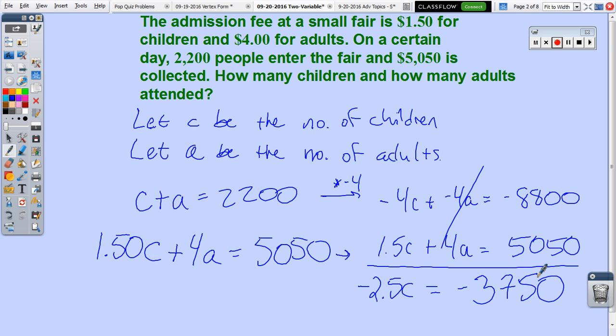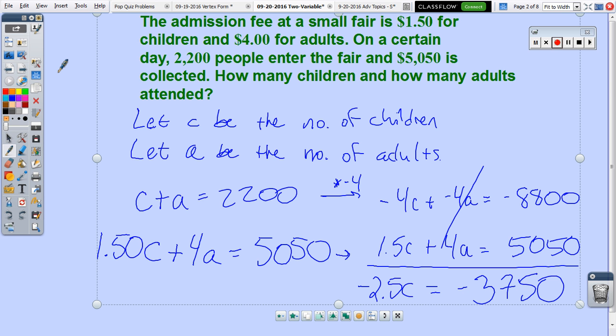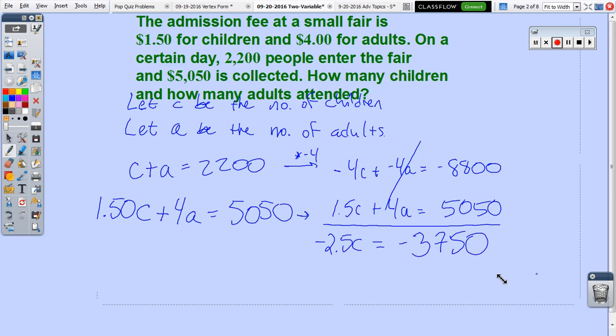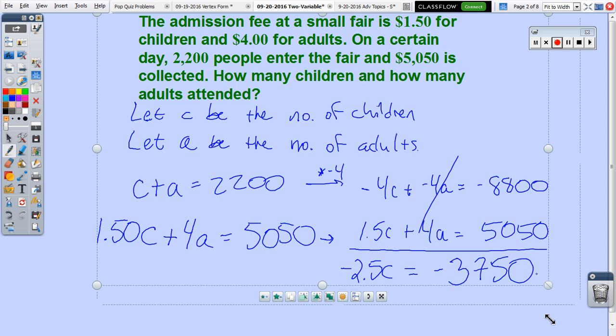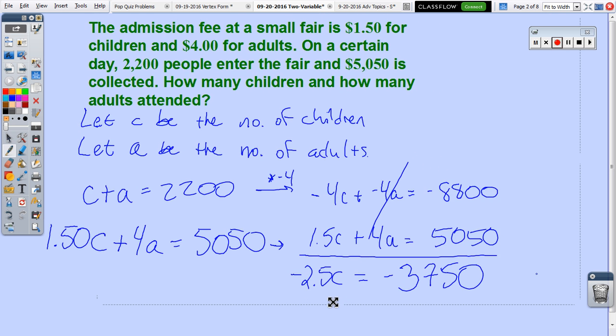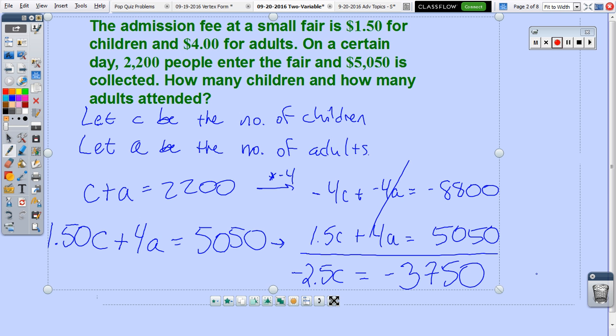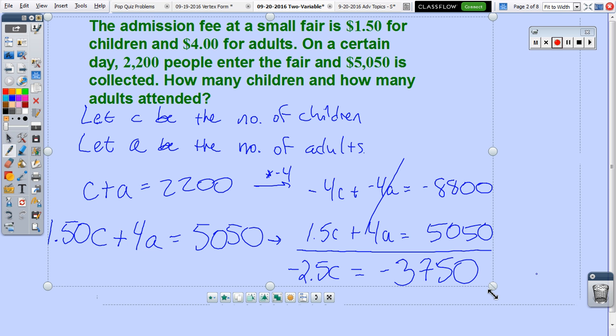I'm going to go ahead and shrink this down. That's kind of weird. What is 1,500? It's kind of weird it does that.